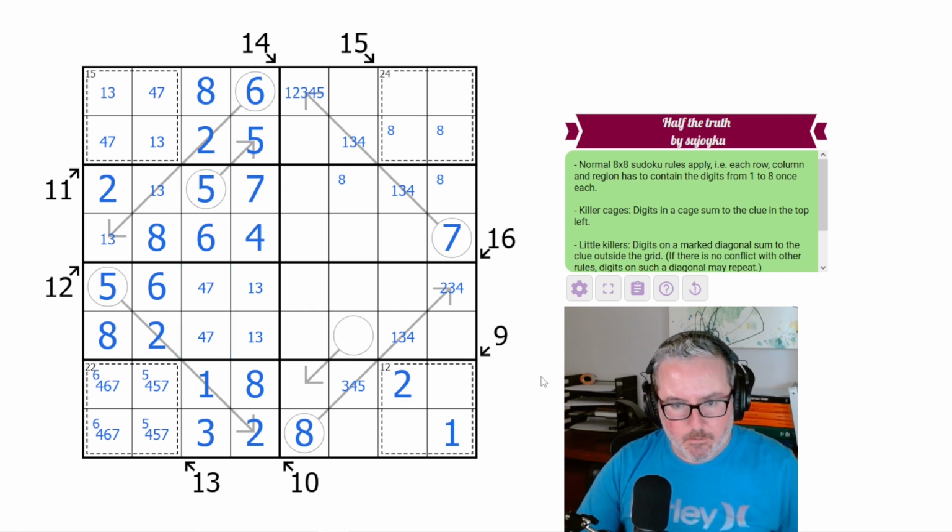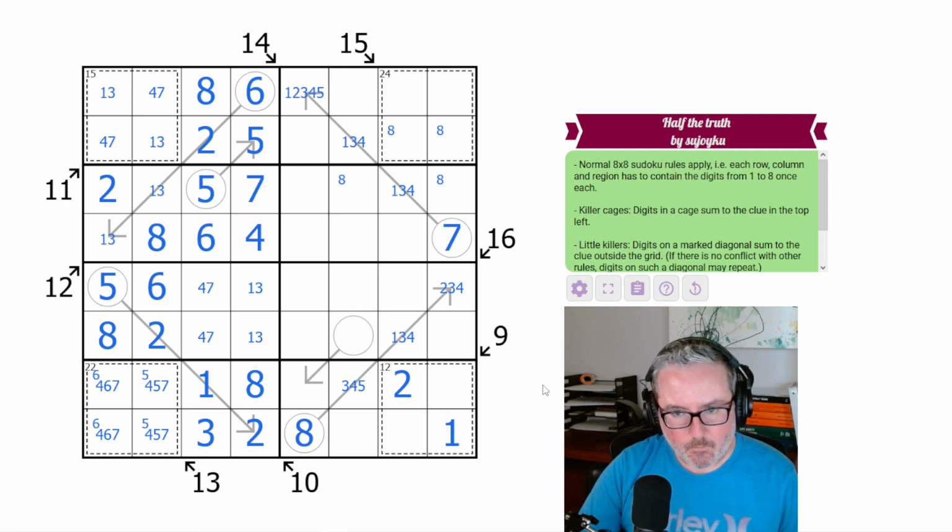What is that doing for us? Well, maybe we could have gone further with some of our other digits. 6s don't look like they're giving us a whole lot at the moment.